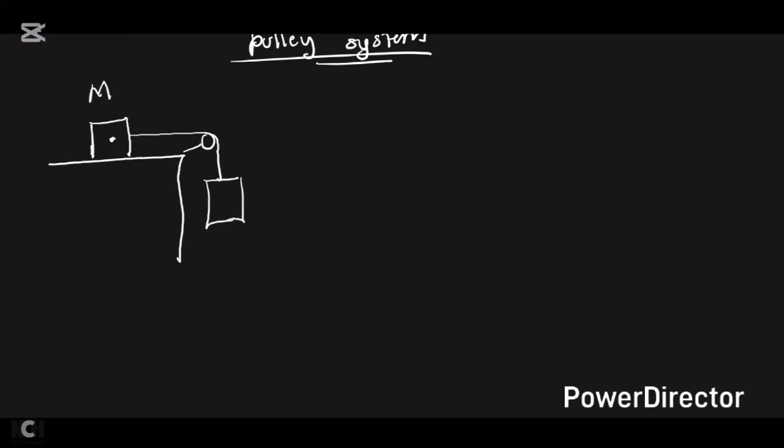This is M1 and this is M2. So the best way of dealing with this, what you need to know is the identification of the forces, and you have to know how all these things go, right?